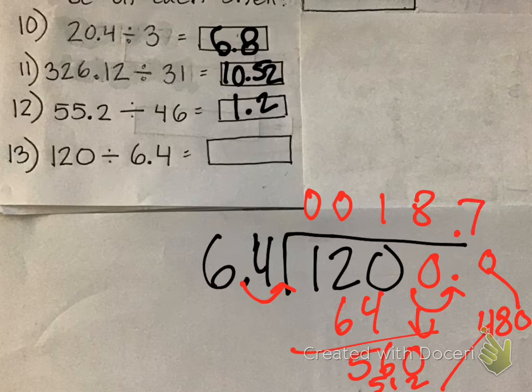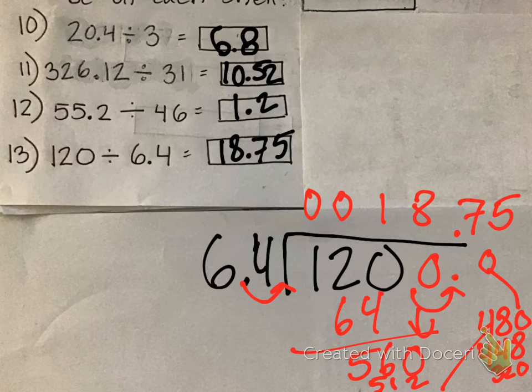We now bring down our 0. 480, it goes in 7 times. So we know that 7 times 64 is 448. We do that subtraction, we get 32. Bring down the 0, and it goes in exactly 5 more times. So we get our answer for this one to be 18.75.